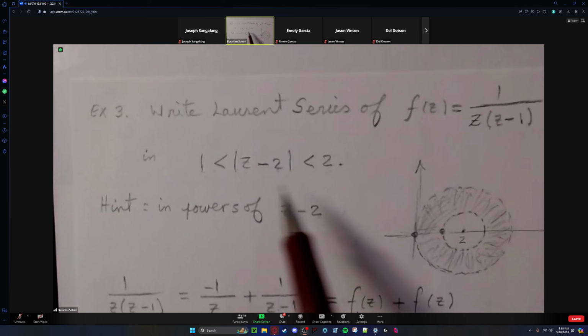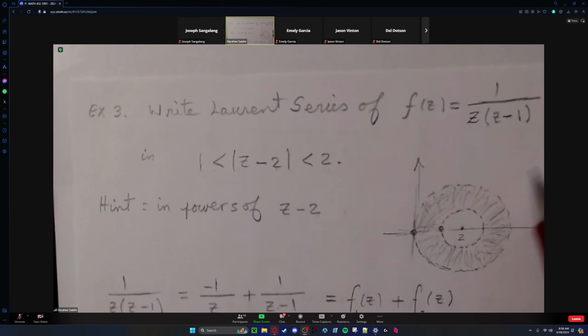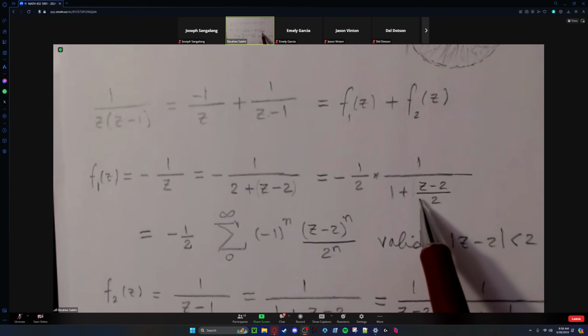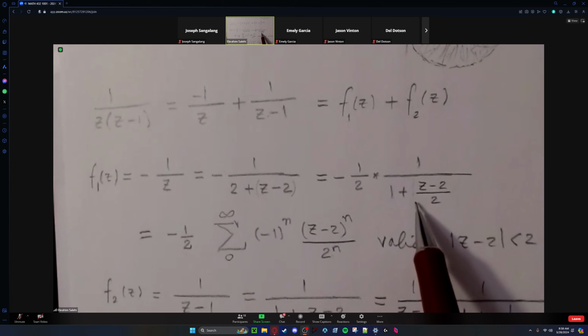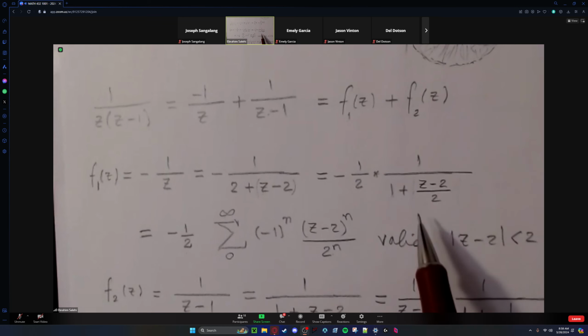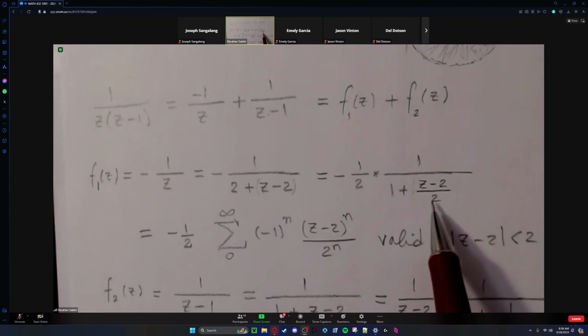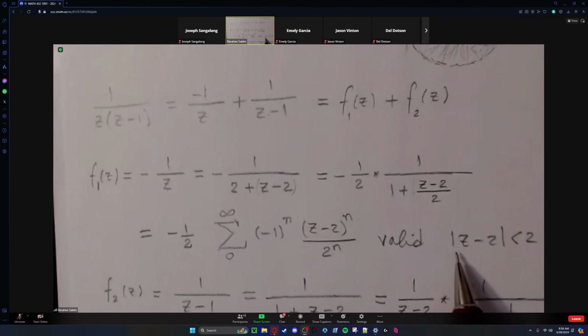If we wanted the Laurent series in this area, we would do it differently. Okay? So now I can use that geometric series on this one because I know that in that washer, the modulus of this guy is less than 1. So here is the first one.